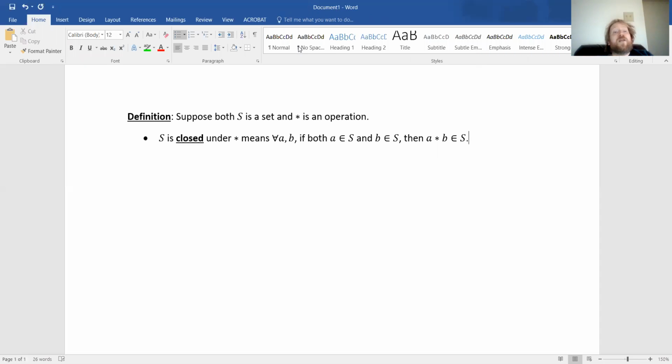So closure means anytime you combine two elements in the set with the operation, the result A star B is in the set. And implicitly, this means that A star B must be defined as well.